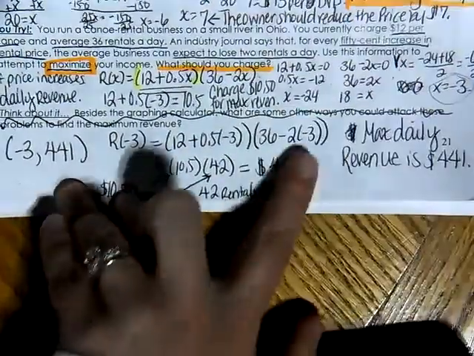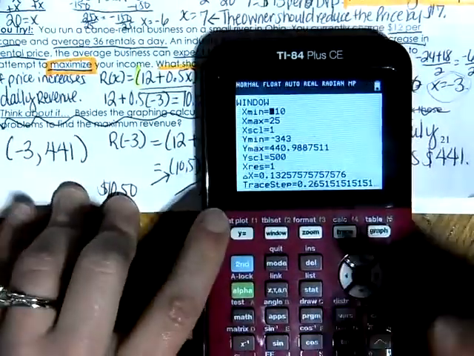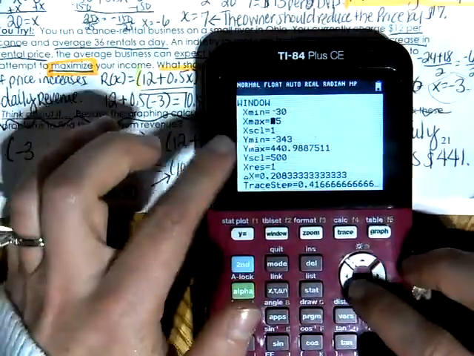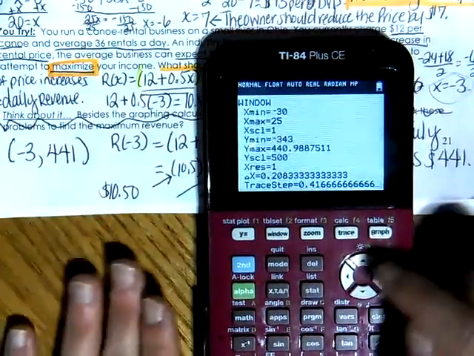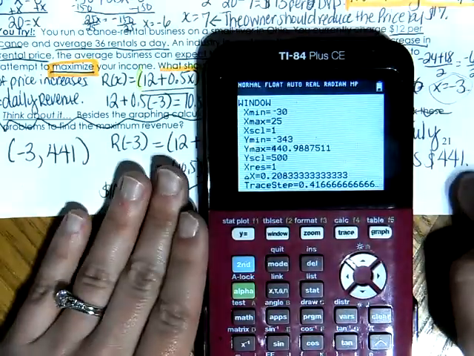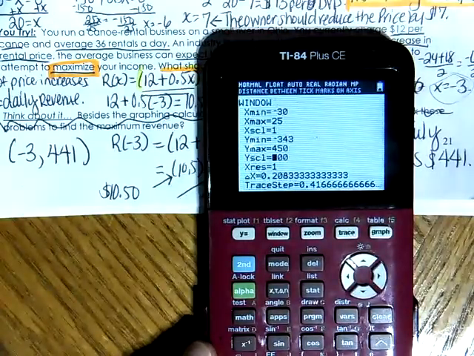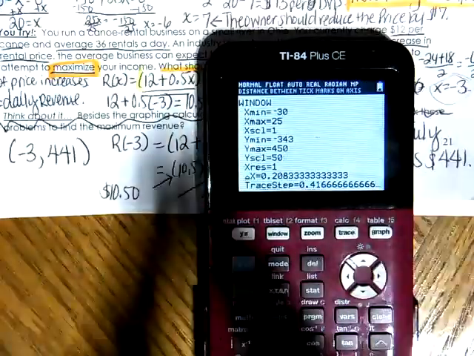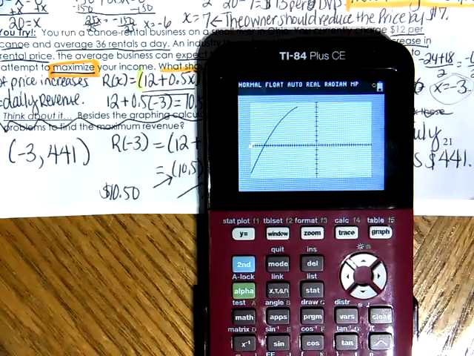I would probably work with my intercepts, which are negative 24 to 18, and adjust my window by going from negative 30 to 25, with a scale of 1. My minimum being negative 343 is fine, but I'm going to make my maximum 450 instead of 440.98, and make my scale go by 50s this time. This is just using my information to my advantage in creating a reasonable graph.